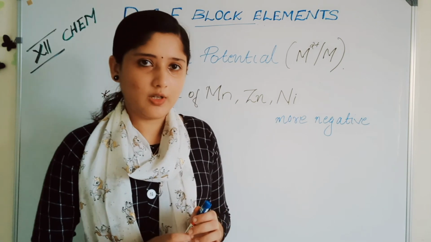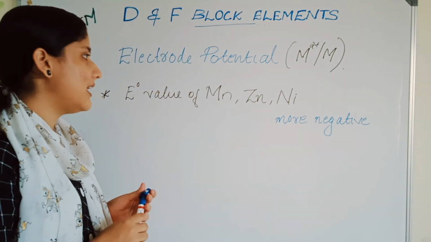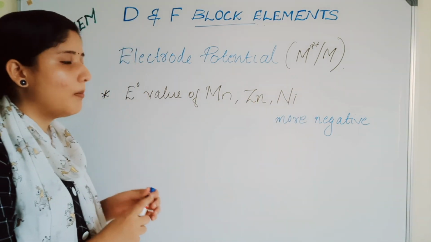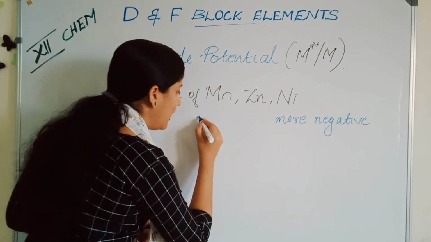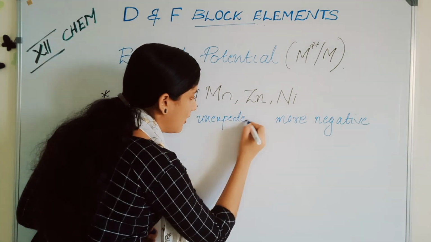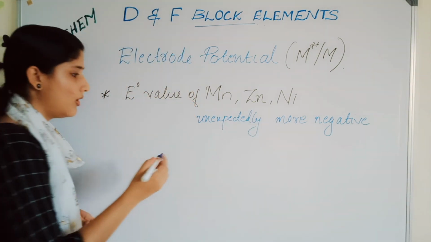Next important point is for manganese, zinc and nickel, the M2 plus bar M electrode potential value is more negative. It is unexpectedly more negative. Why so? Let's look.